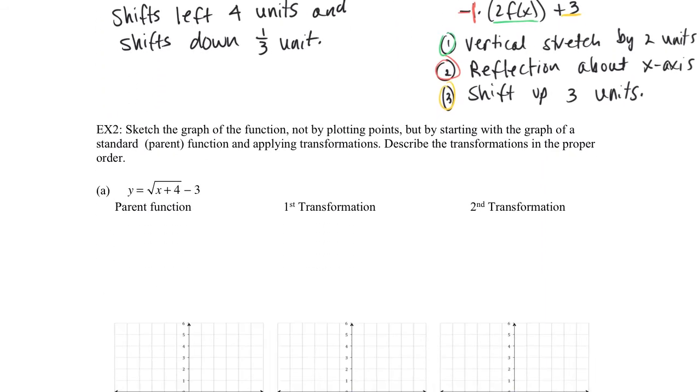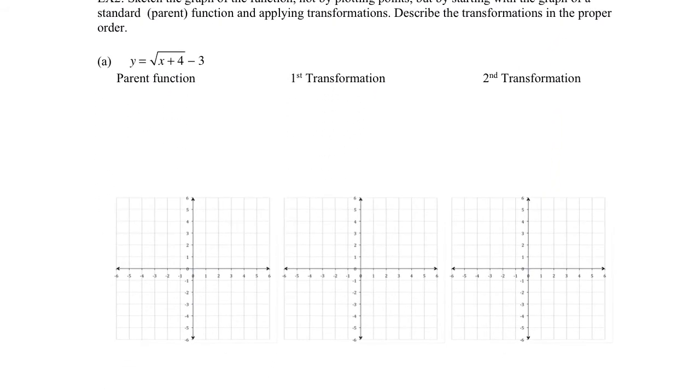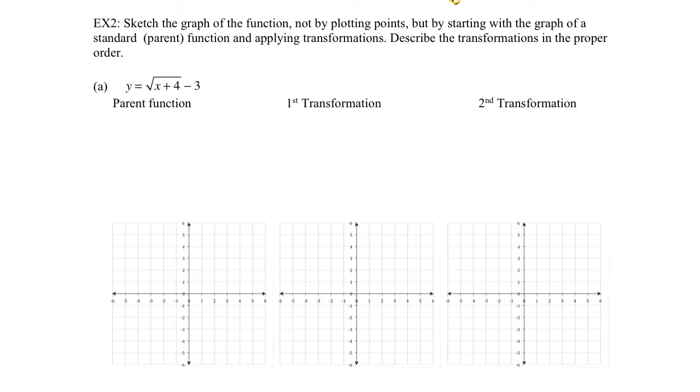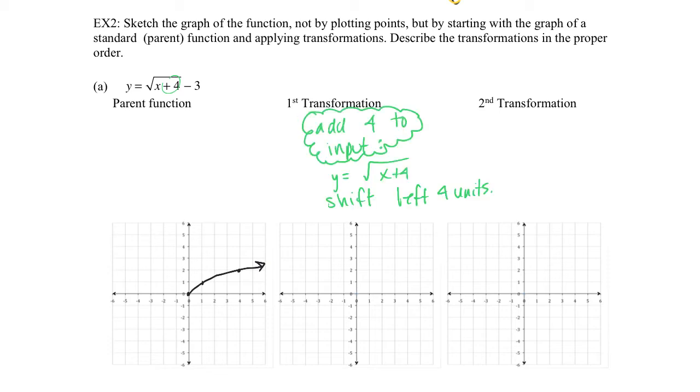Okay, so let's put these together and just go ahead and, without pulling out your calculator, see if you can come up with what these are going to look like. Okay, so first the parent graph. Done. Okay, next the first transformation I'm going to do is I am going to shift it because of this adding 4. Think in your head, what way do we shift? So that shifts it left 4 units.